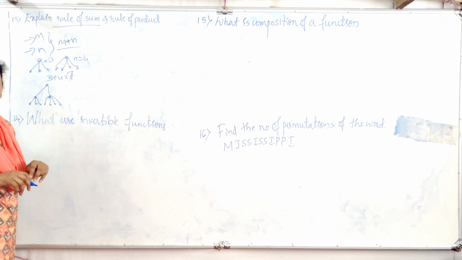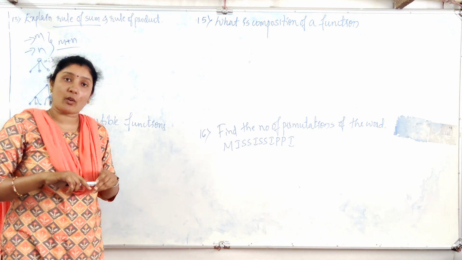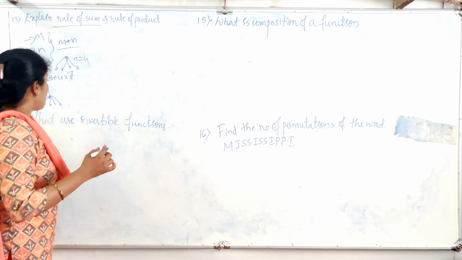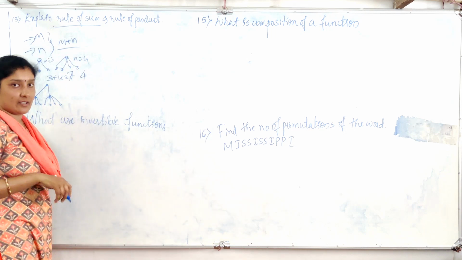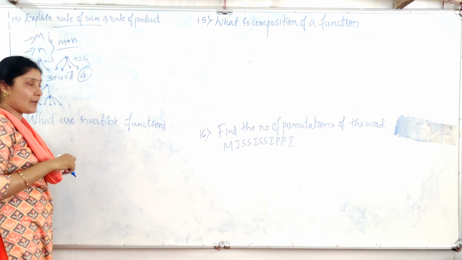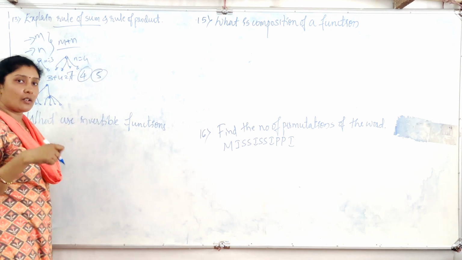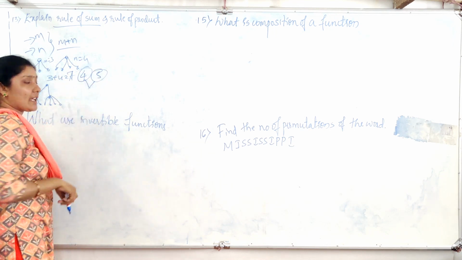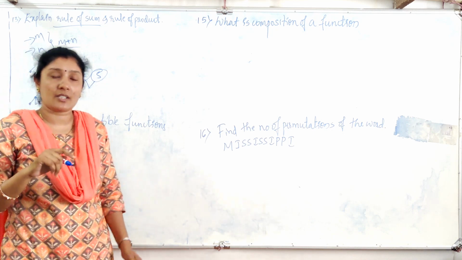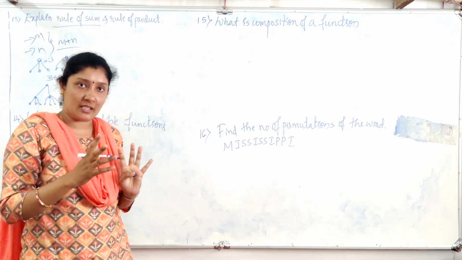Okay, I gave you the example of selection of a BCA college. See, if there are 4 BCA colleges in Gadag and 5 BCA colleges in Hubli, then a student has to choose one BCA college among these 9 colleges.